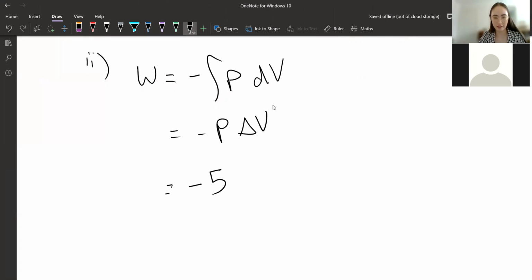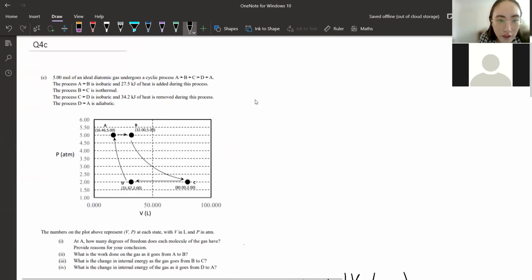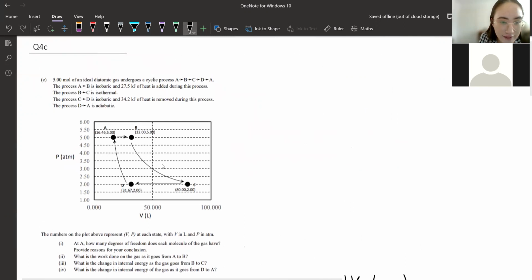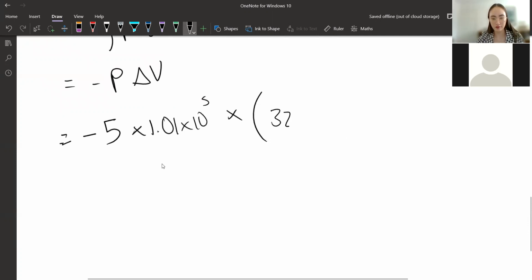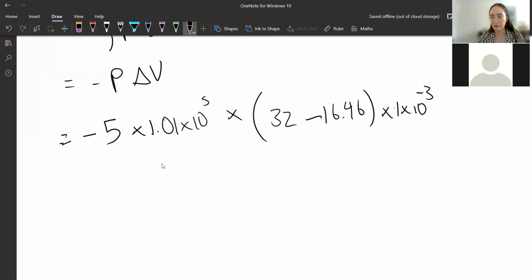Negative 5 atmospheres, and we can convert that into pascals by multiplying it by 1.01 times 10 to the 5, which is atmospheric pressure in pascals. And then our change in volume, our final volume is 32 liters minus 16.46 liters, and we'll multiply it by 1 times 10 to the -3 to get it into meters cubed.